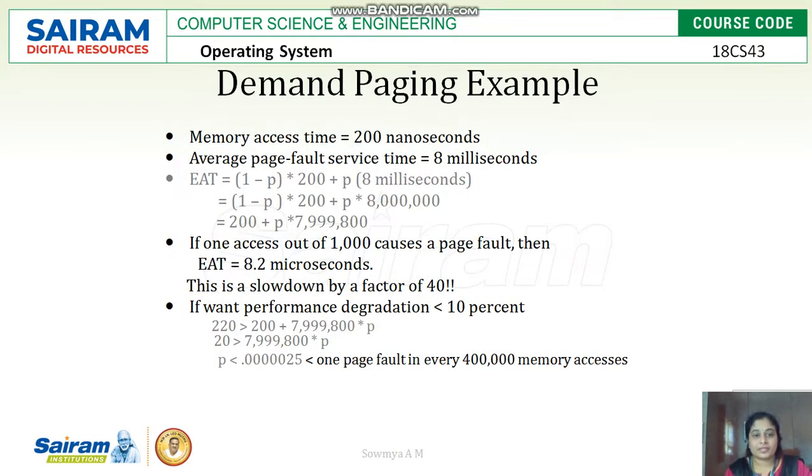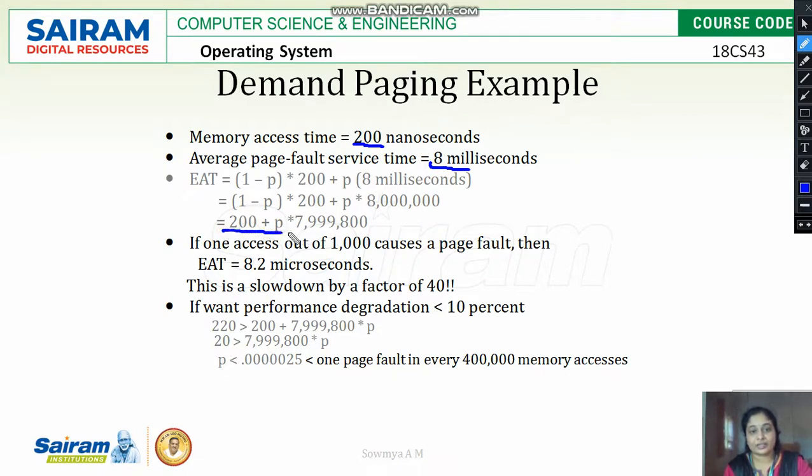Taking an example to find effective access time, let's consider the memory access time for one process is 200 nanoseconds. Average page fault service time is 8 milliseconds. Then effective access time is (1 minus P) into 200 plus P into 8 milliseconds.